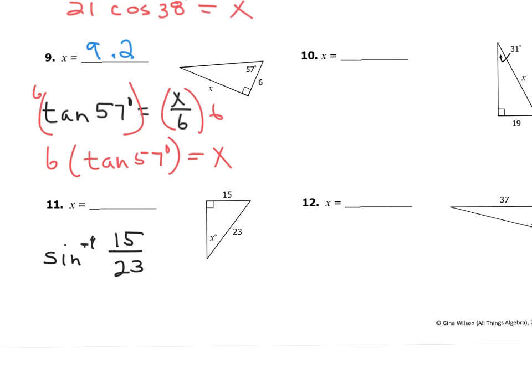Sorry, that doesn't look very much like an inverse. And that will give us x. So when we put that into our calculator, we get 40.7 degrees, because this time we're looking for an angle.